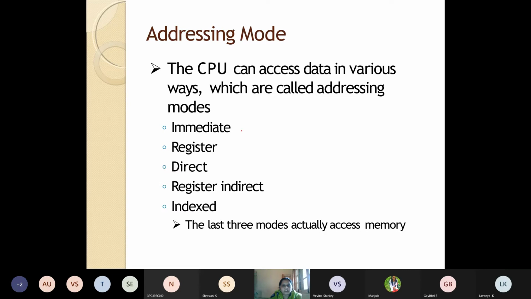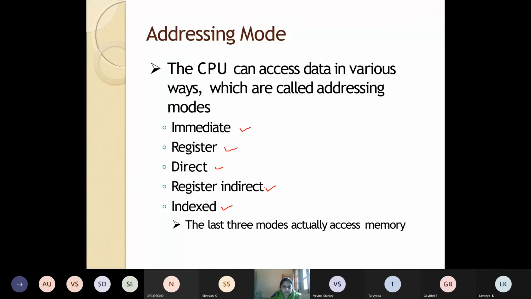The 8051 supports five different addressing modes: immediate addressing mode, register addressing mode, direct addressing mode, register indirect addressing mode, and indexed addressing mode. The data can be present in a register, specified immediately or directly in the instruction, or present in a RAM memory location.